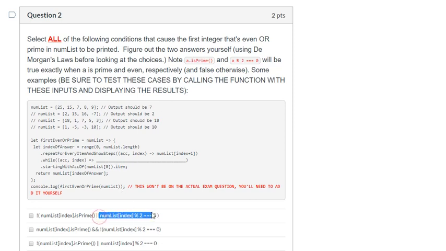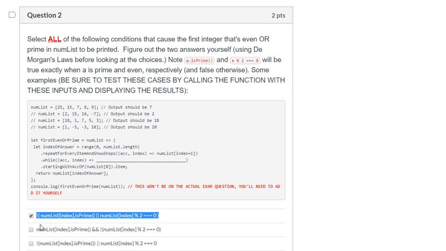Divisible by 2, a remainder when you divide by 2 is 0. So that's this. And again, since we're doing a while, we want to stop when we find a number that's prime or even. So put a not in front of it, and that will be when we want to continue, right? So if we want to stop when this is true, we're going to want to continue while the whole thing is not true, right?